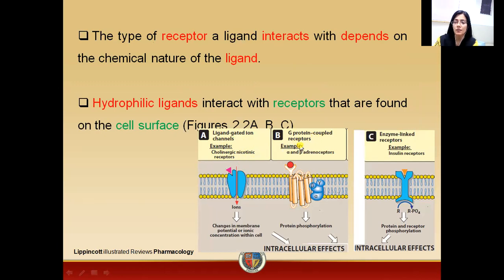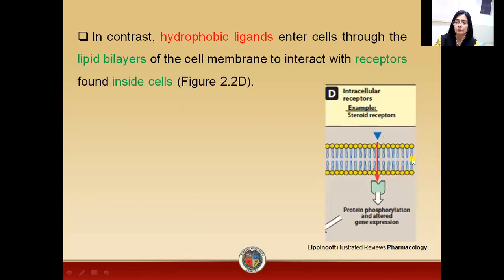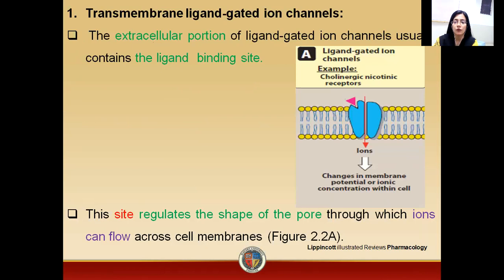G-protein coupled receptors examples include alpha and beta adrenoreceptors, while examples of enzyme-linked receptors include insulin receptors.